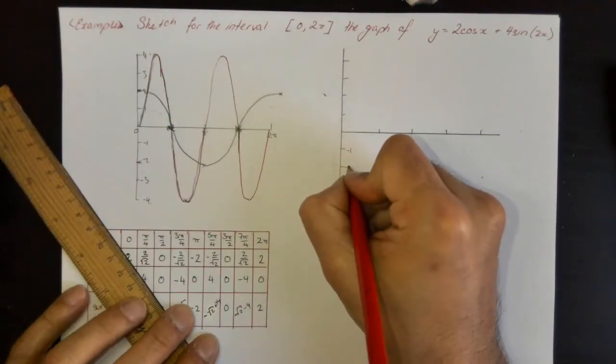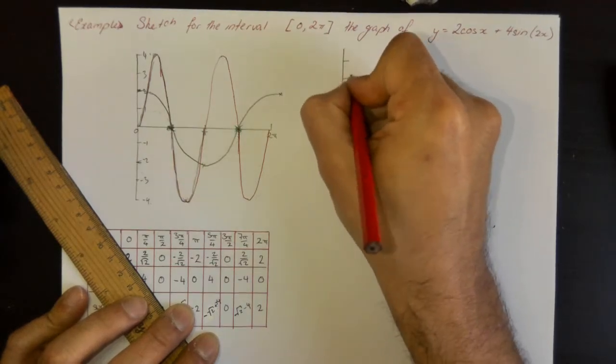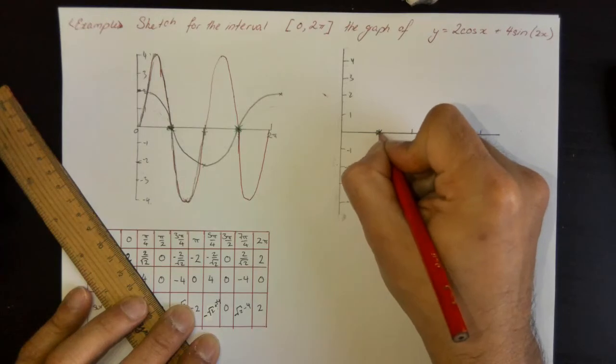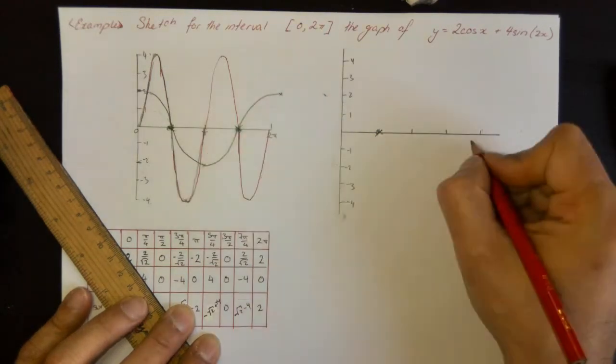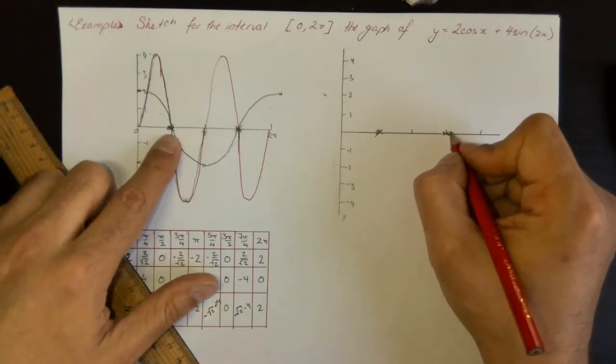Minus 1, minus 2, minus 3, minus 4, 1, 2, 3, 4. Okay, so we know that that's going to stay the same, and this is going to stay the same, because 0 plus 0 divided by 2 is still 0, okay?